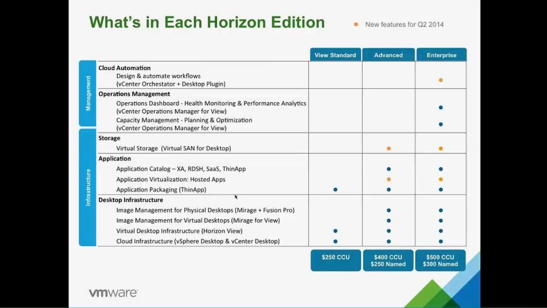In addition, they also get Virtual SAN for the hosts that are running their end user compute platform. So not only are they getting the seats that they need, the applications that they need, they're getting licensed for the hosts for the compute that they need, and they're also getting licensed for Virtual SAN for those hosts that are providing this service.